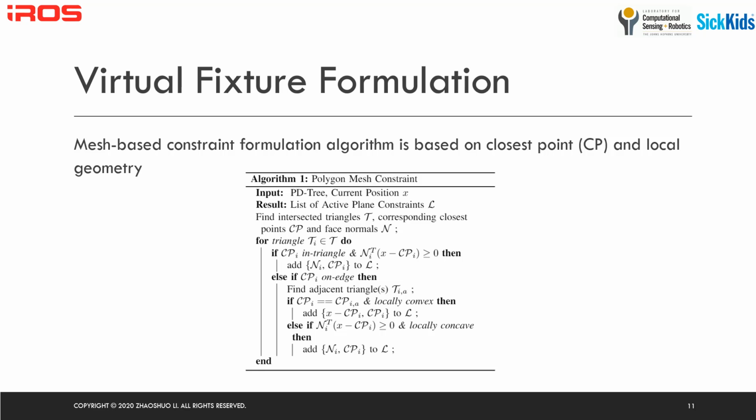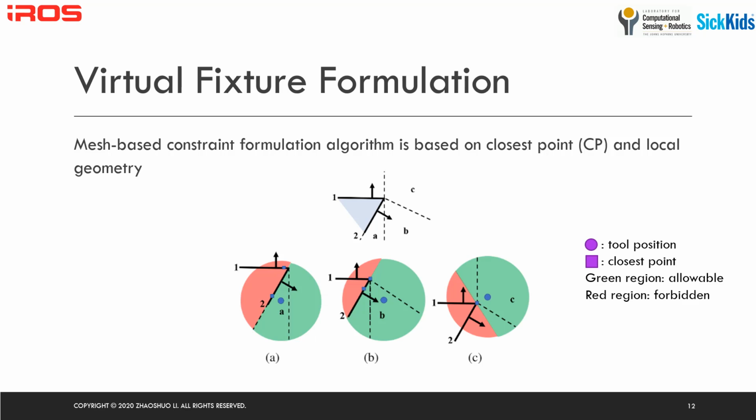To illustrate how this algorithm works, we'll use 2D illustrations and enumerate different cases. In the case of a convex object, the possible regions can be divided into 3 different sections, and the rest will be the same due to symmetry.